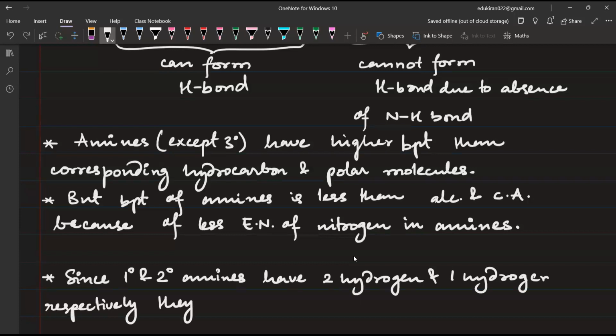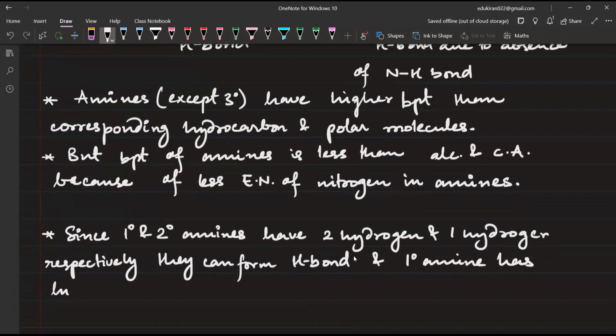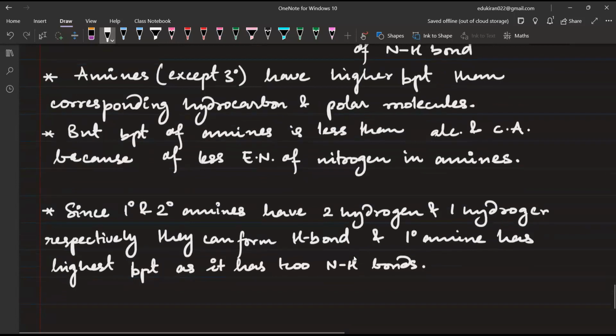Sir, what is EN? Electronegativity. They can form hydrogen bond, and 1 degree amine has highest boiling point as it has 2 NH bonds.